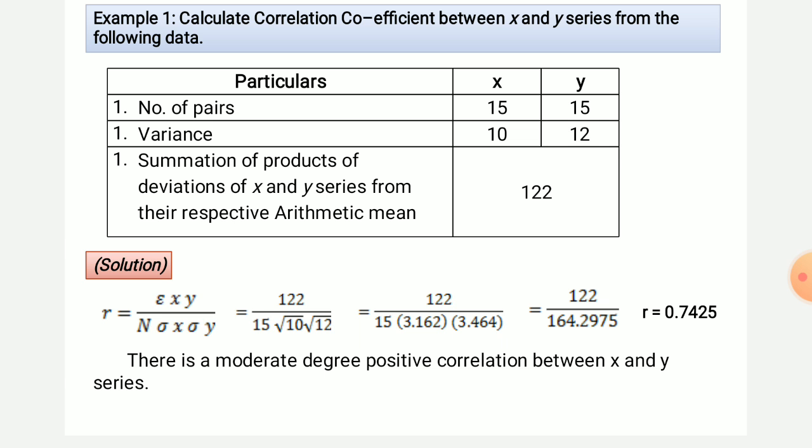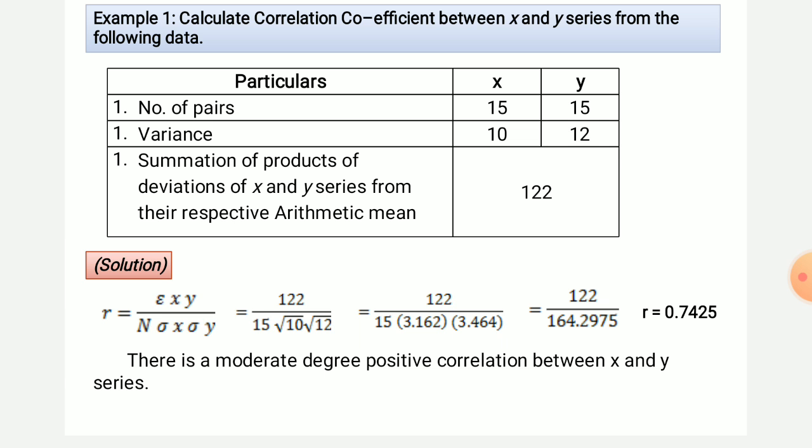Standard deviation sigma is equal to root V. So standard deviation for x is root 10, and for y series root 12. This is the way we calculate when variance is given. When variance is given, we have to take the root to get the standard deviation.